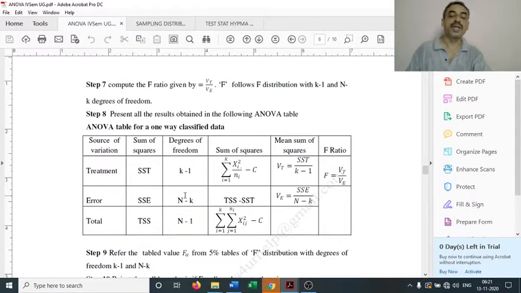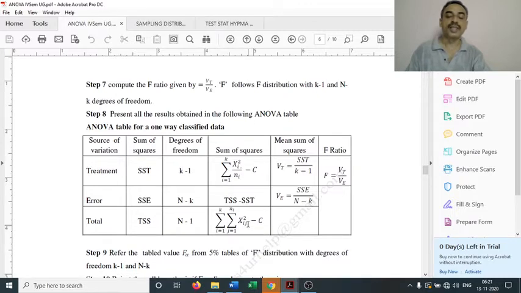And this n minus k is to be obtained from this capital N minus 1 minus k minus 1, that is n minus k. And finally, you can check that k minus 1 plus n minus k will be equal to n minus 1. In the same manner, first we write the sum of squares due to treatments here, SST, the value computed from the set of observations.